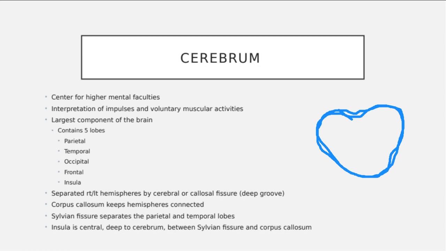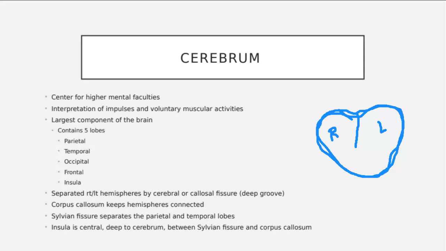Now say this is our right hemisphere and this is our left. We already know that our falx cerebri, which is our dura mater that comes down to divide the right and left hemispheres of the cerebral tissue, is going to come down, but it doesn't just sit between the two, right?